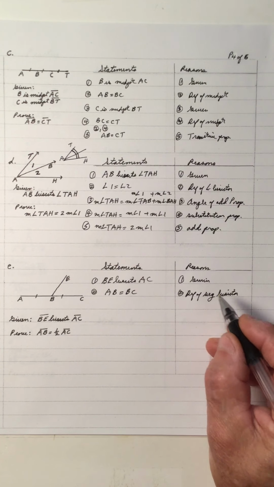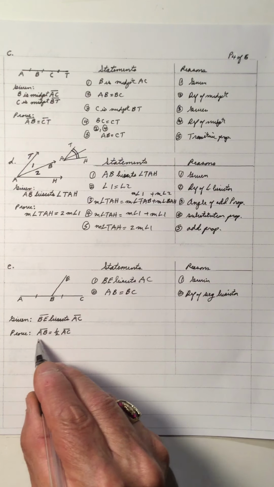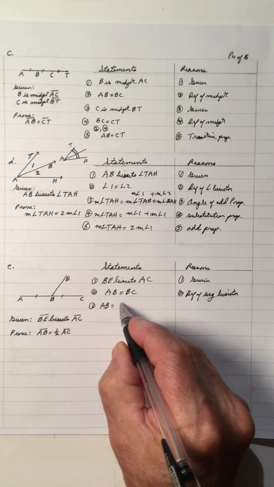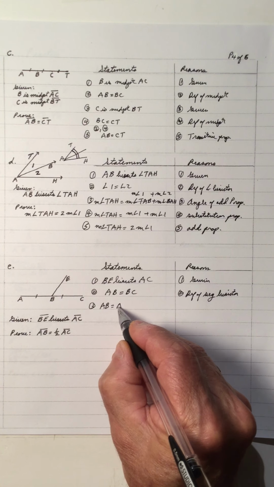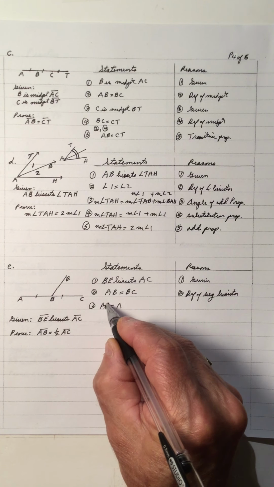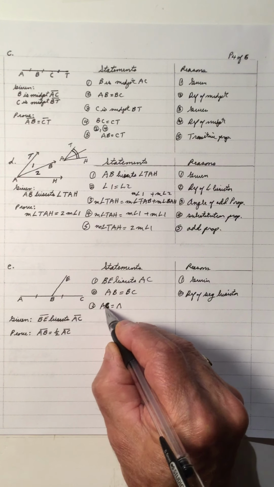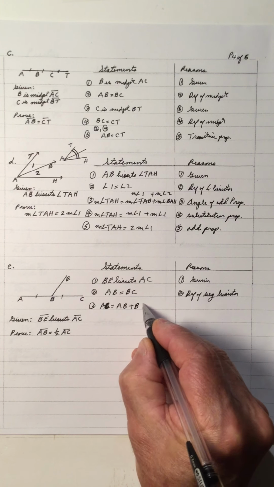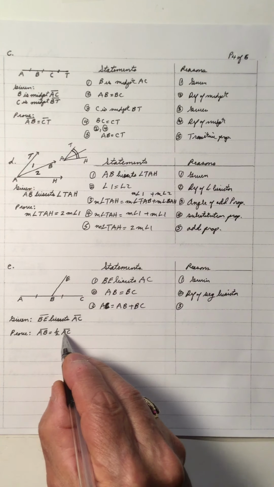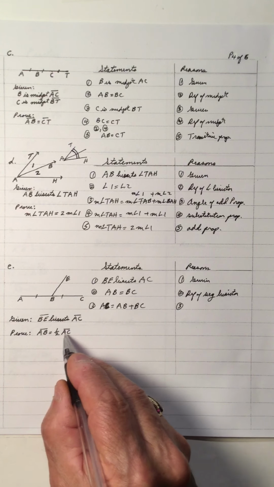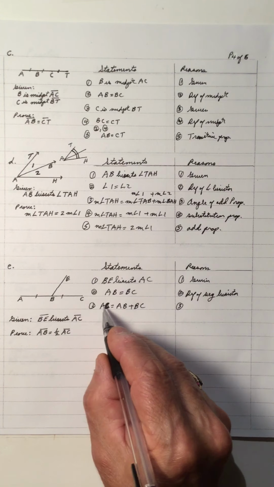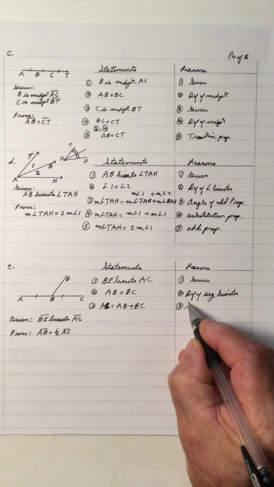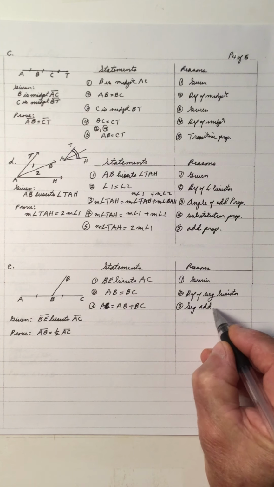Now I need to get to this, so that means I have to say that AC, my mistake, AC is the big segment, is equal to AB plus BC. AC is the big segment, AB is the big segment, BC is the small one, so AC is equal to AB plus BC, and that's the segment addition property.